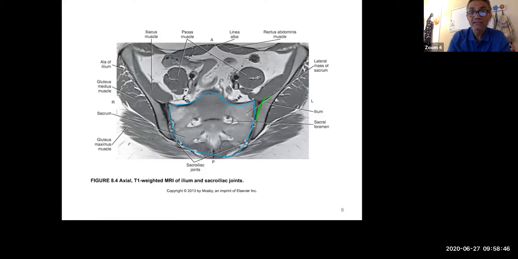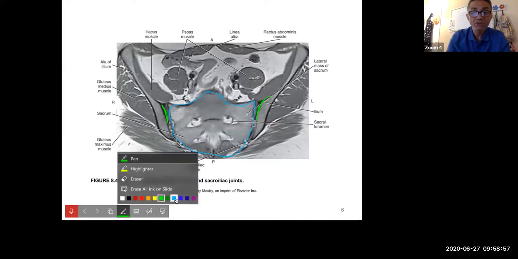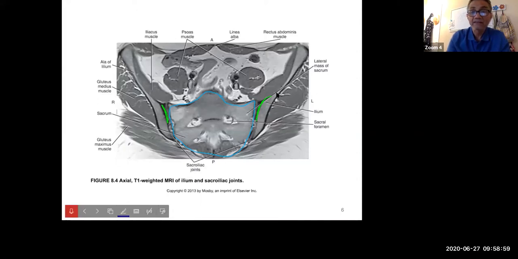So this is the sacroiliac articulation on the right, and this is the sacroiliac articulation on the left. So bottom line, this bone, the one you are looking at, all of it, from top to bottom, is the iliac bone.